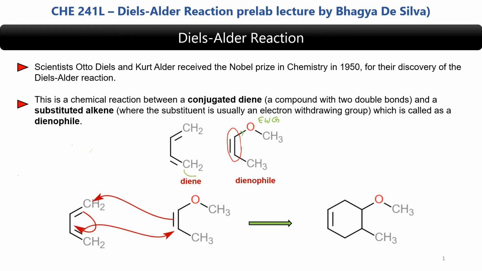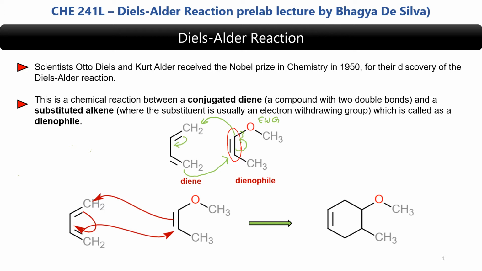This double bond will attack one of these carbons in order to eliminate the lack of electrons around this double bond, which causes electrons to shift this way and shift this way, and this double bond to shift here.